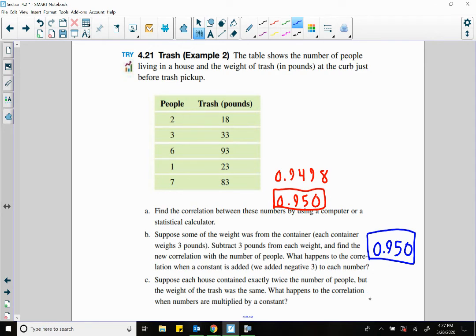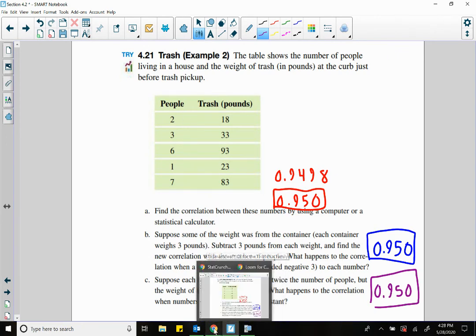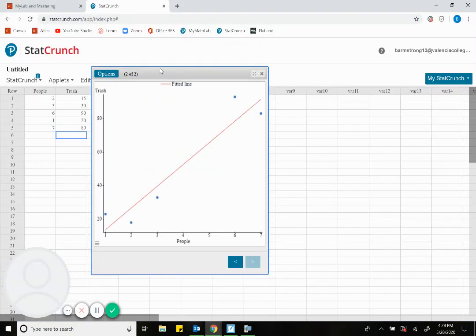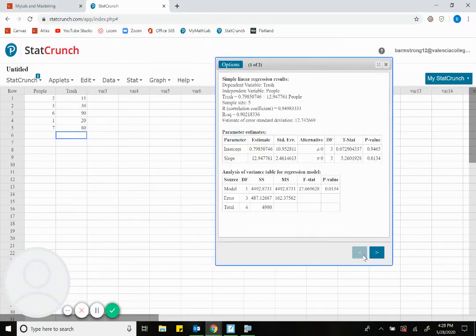So what happens to the correlation if we multiply by a constant? This answer is going to end up being 0.950. Okay? It's going to be the same answer as before, because adding constants or multiplying by a constant does not change it.